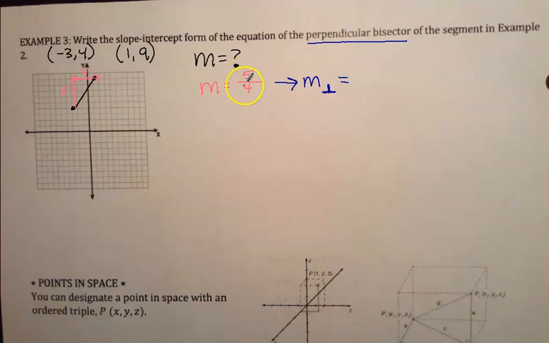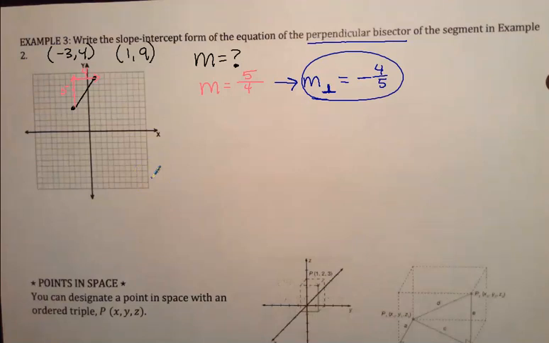So if this is positive 5/4, we need a negative. Good. And we need the reciprocal. If this is 5/4, our reciprocal is 4/5. So the slope of our perpendicular line is negative 4/5.